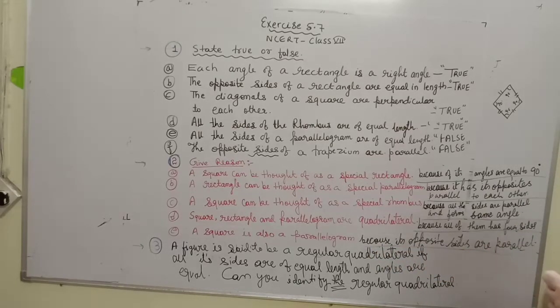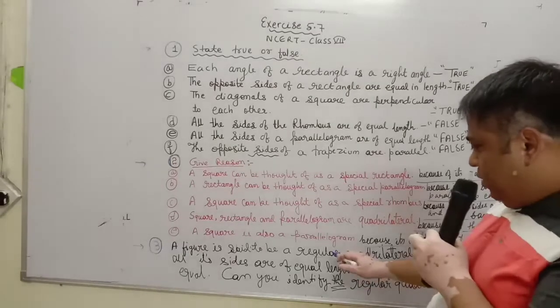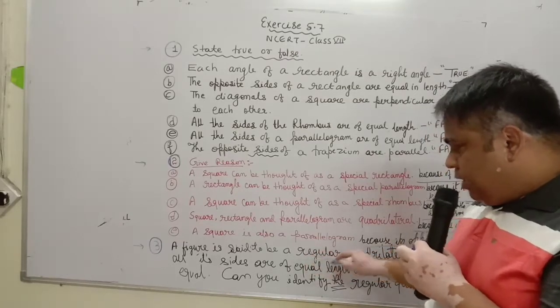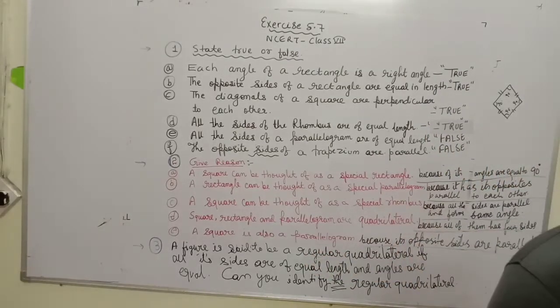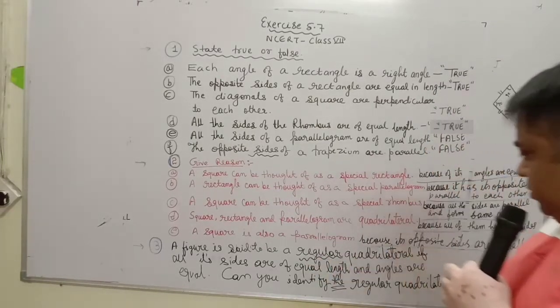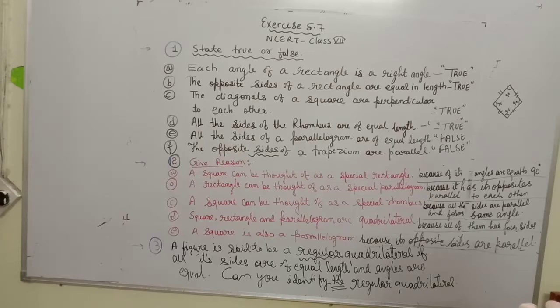We are going for the third question now. A figure is said to be a regular quadrilateral if all its sides are of equal length and angles are equal.